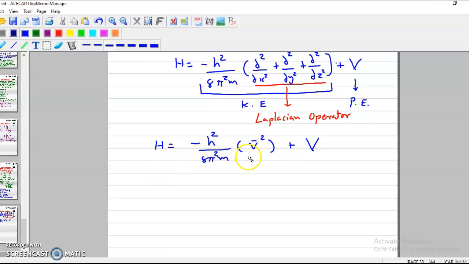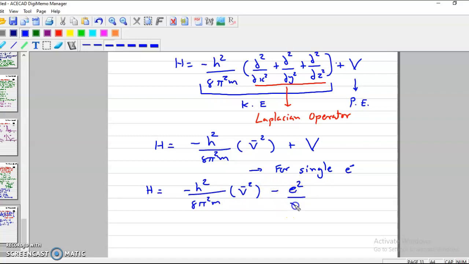Now it is used to determine the total energy. This is for a single electron, so we can write H is equal to minus h square upon 8 pi square m del square minus e square upon r if there is only a single electron.